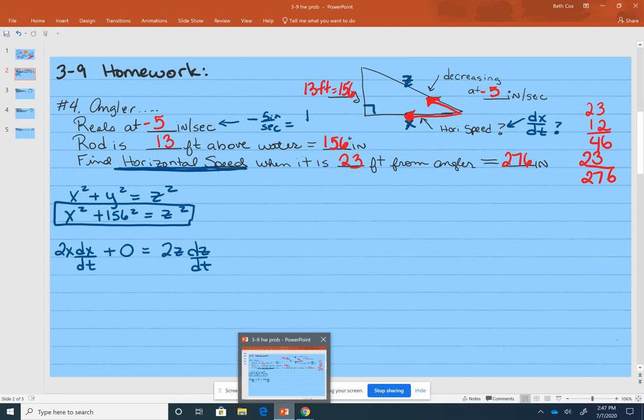This is your dz/dt. That's the derivative that we're dealing with. Now, the instant they want us to do this, I'll get to you in just a second.